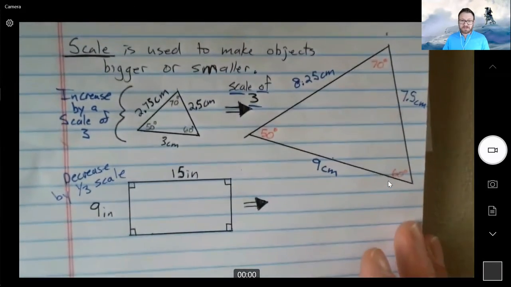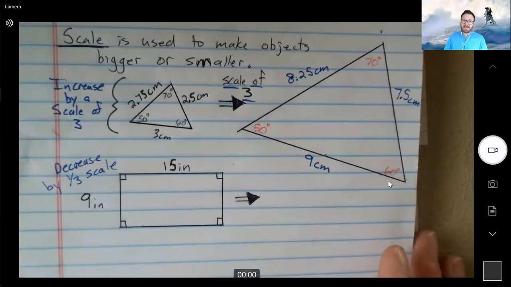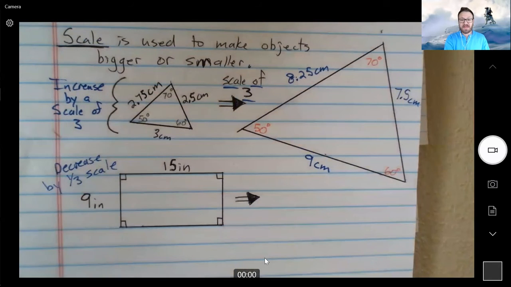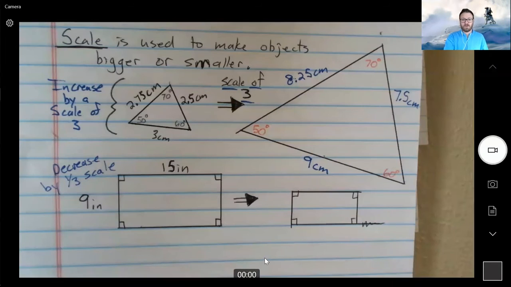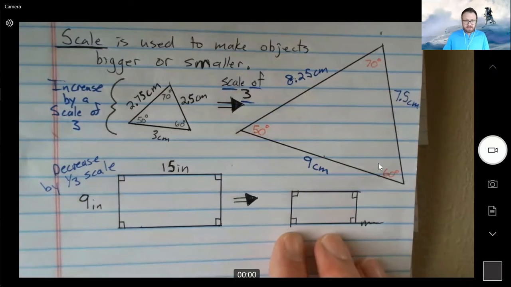We're going to look at this rectangle now. And I want you to decrease that by a 1/3 scale. So we're going to dilate it by 1/3 scale. I want you to go ahead and pause and give that a think, okay? Okay, so if we're using a 1/3 scale, you've got your little rectangle here.